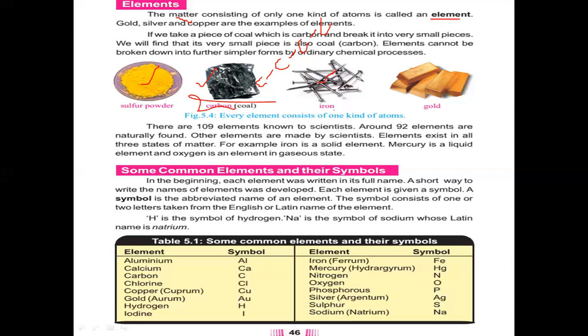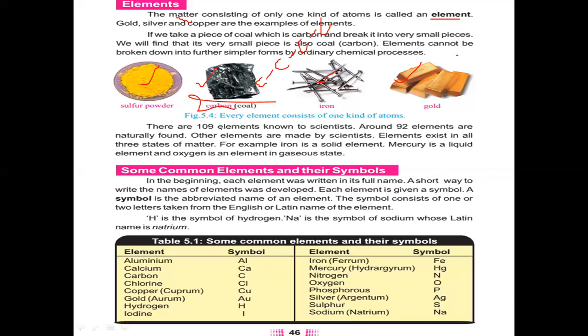And an iron nail: all are iron atoms in that, Fe. If you see gold, all are gold atoms in that. No other element is present. So they can exist independently, but when they combine together, like C cannot exist independently, but when it is combined with other C, then it can be free.